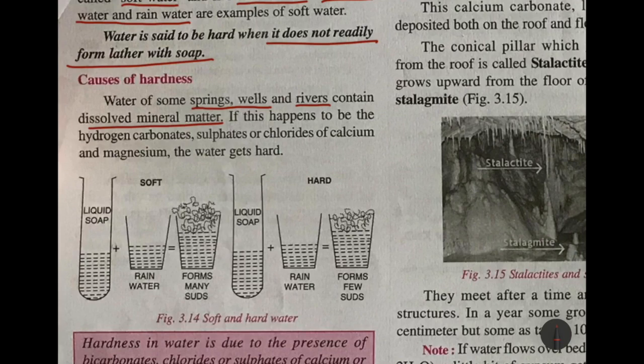So if this happens to be hydrogen carbonate, sulfates or chlorides of calcium and magnesium, the water gets hard. That means if calcium hydrogen carbonate or calcium sulfate or calcium chloride is dissolved in the water, then it is hard water. Or it might also be magnesium hydrogen carbonate, magnesium sulfate, or magnesium chloride that is dissolved in the water.